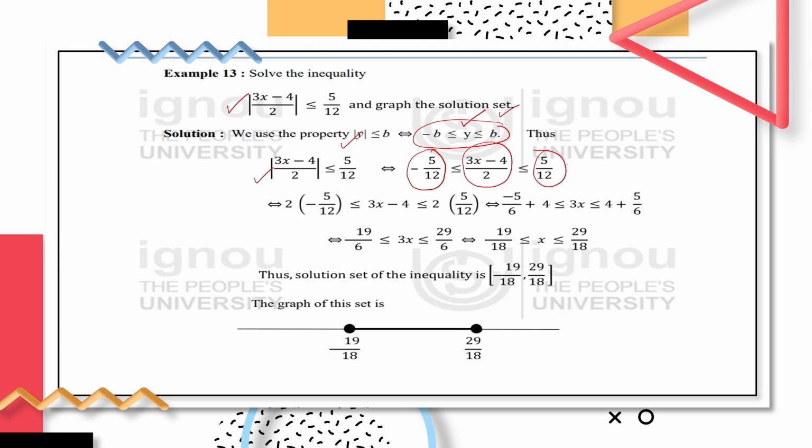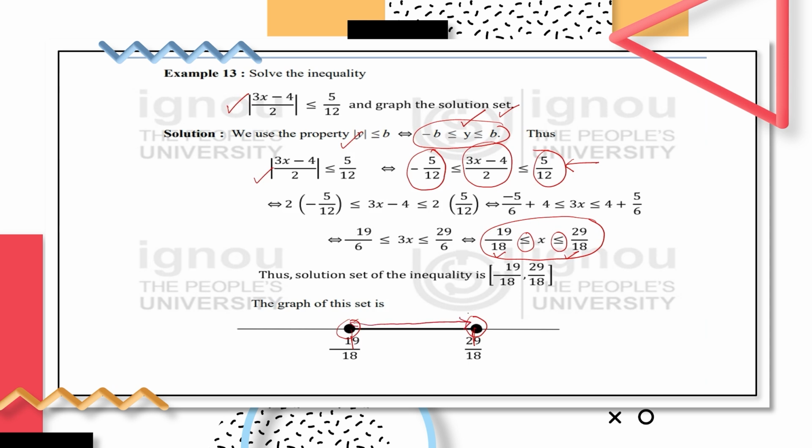Now, as we solved the inequalities in the earlier session, similarly applying those steps, we come to the solution that x lies in the interval from 9 by 18 to 29 by 18.